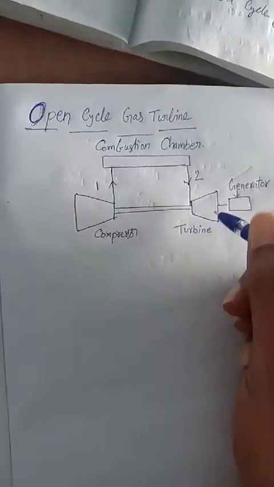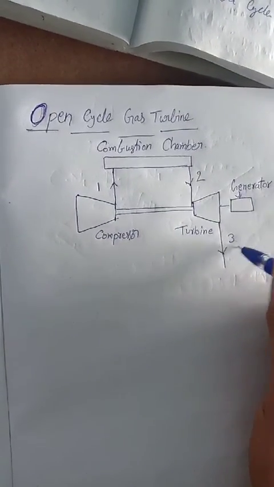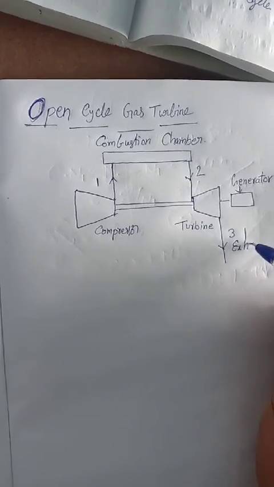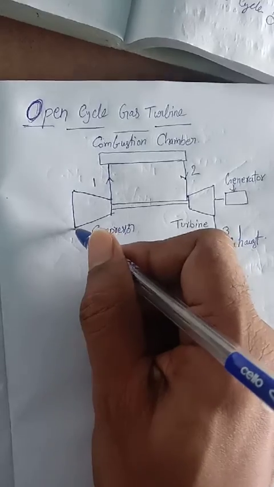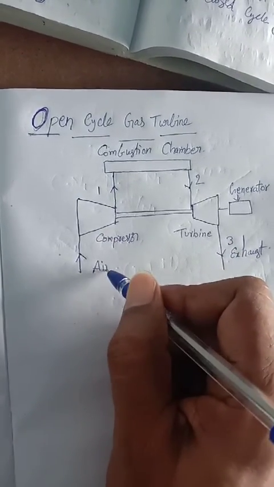This is the generator, and from the turbine you can give this open cycle exhaust, and here fresh air you can take as inlet, so this is called air in.